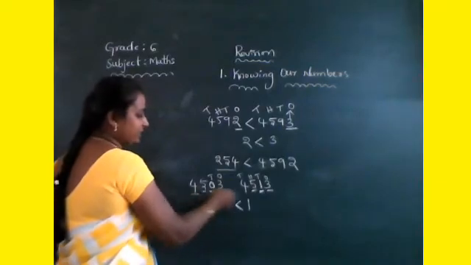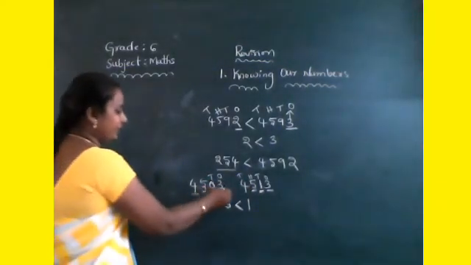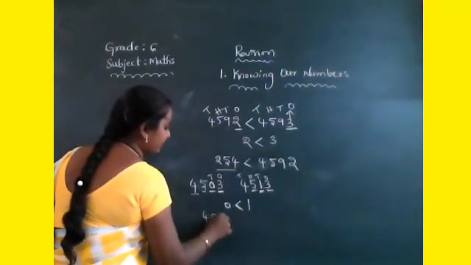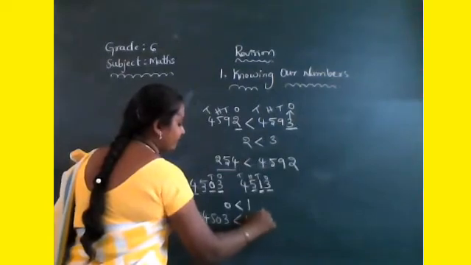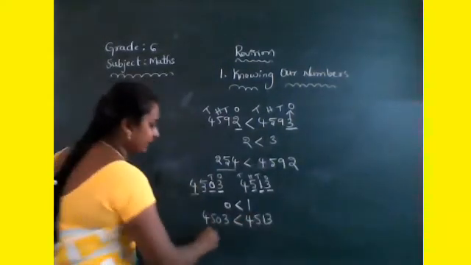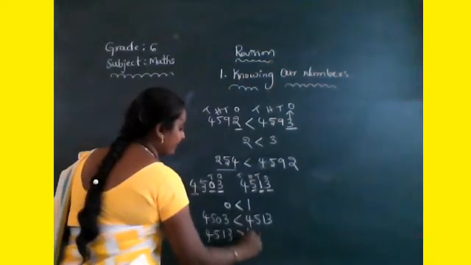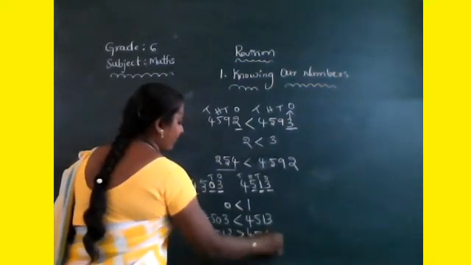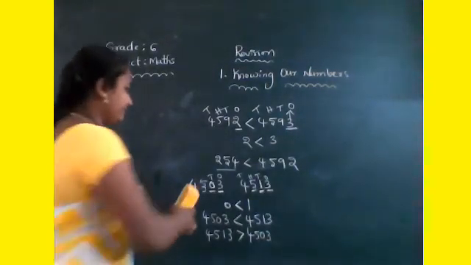So among these two numbers, which one is greater? Very good. So 4503 is less than 4513. That means 4513 is greater than 4503. Okay, my children? Right.